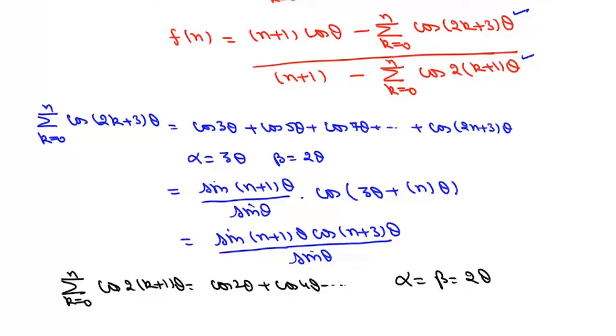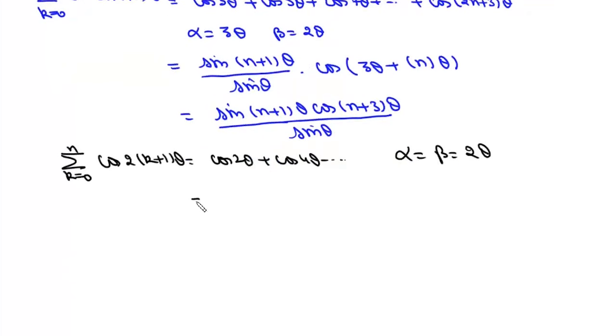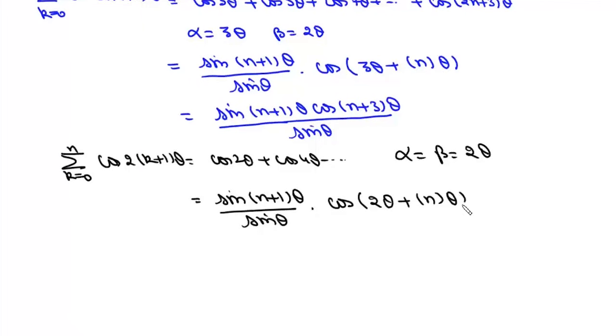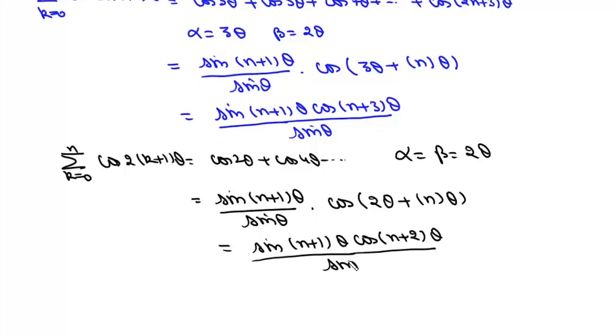So we can write this as sin((n+1)theta) upon sin theta into cos(alpha plus (n minus 1) theta). So it will be sin((n+1)theta) into cos((n+2)theta) whole divided by sin theta. So now we have the result for both the summations.